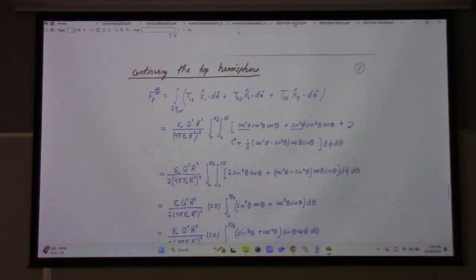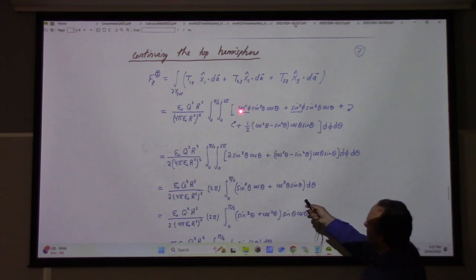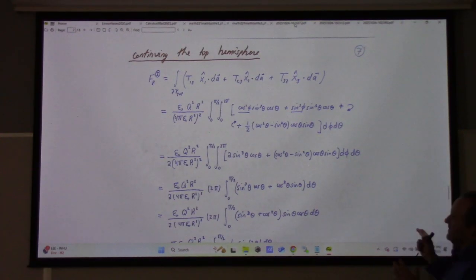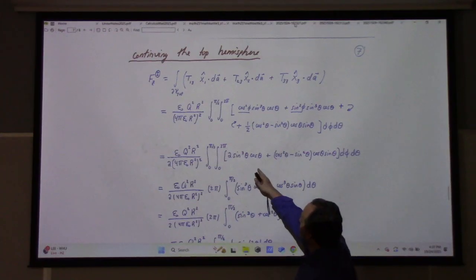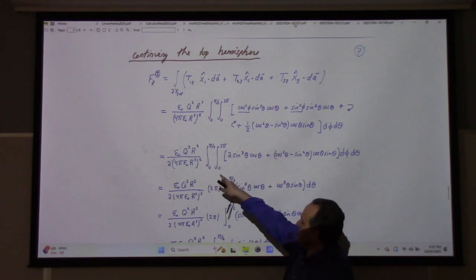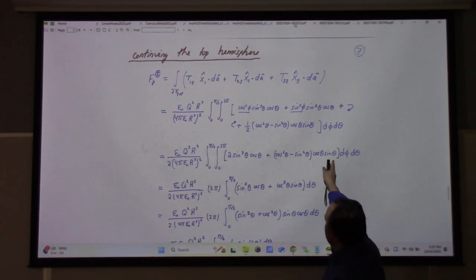So if you put it together over here, add them together, it's actually stupidly simple. So I did the hard part and didn't do the easy part, which is just adding them. Once you add these, you get cosine and sine, and that just collapses down to sine cubed theta cosine theta, right? The reason there's a 2 here is I've factored the half out. And then over here is your cosine squared minus sine squared, cos theta sine theta.